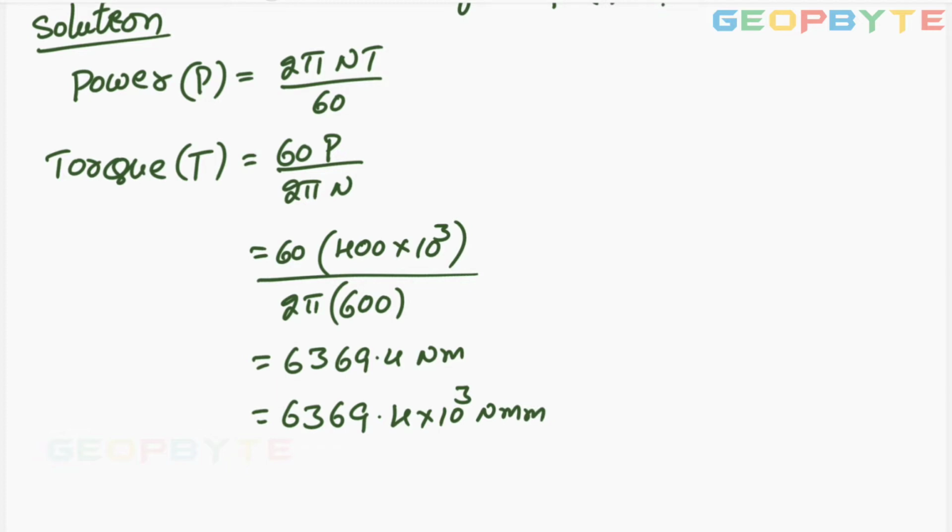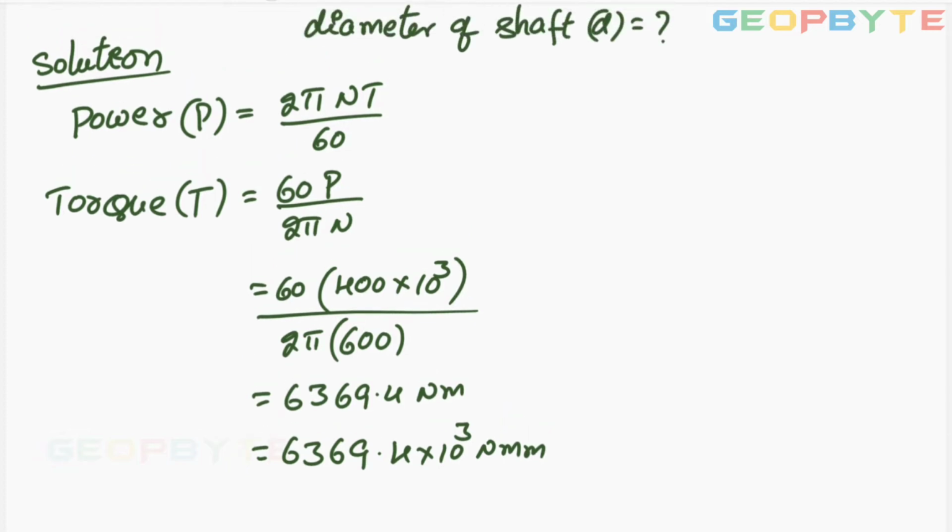By using this torque, I can decide the diameter of the shaft. You know torque T equal to, for a solid shaft, pi by 16 into d cube, it may be either small d or capital D, into shear stress tau.